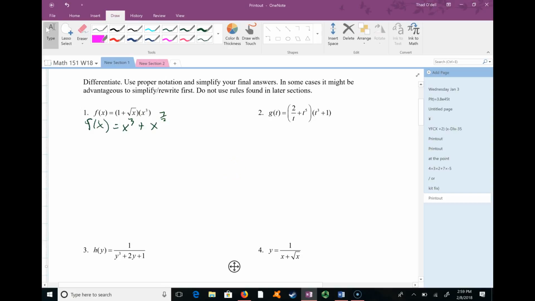That's just some algebra. Then when I go to take the derivative, it's just a couple of power rules. So that'd be 3x squared plus 7 halves x to the 5 halves.